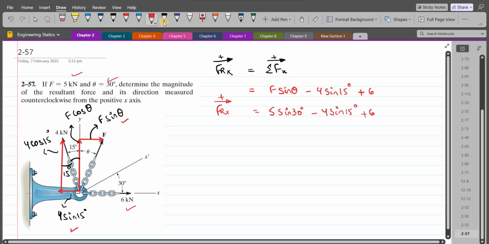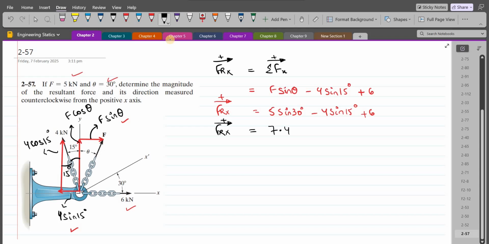So upon simplification, FRx comes out to be 7.46 kilonewtons. And since we are getting a positive answer, it means that the FRx is directed towards the right hand side, which means in the positive x-axis.